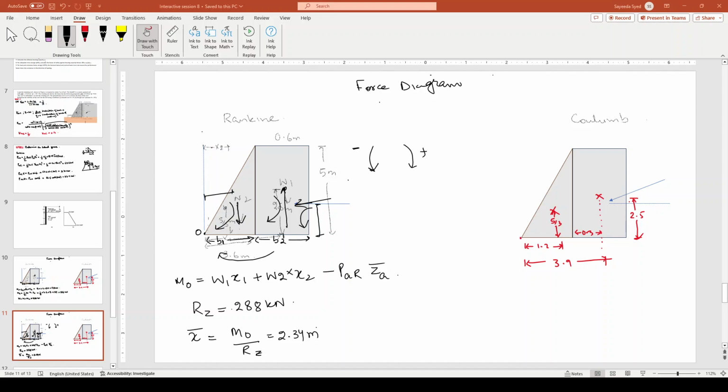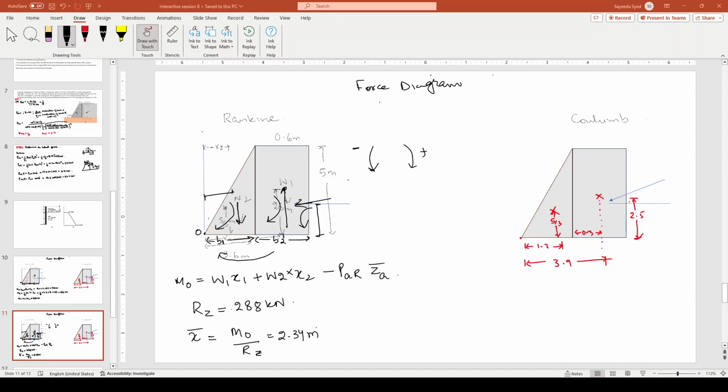And for Coulomb, we will have M naught equivalent to W1 X1 plus W2 X2 plus PAC into the whole base, because as I said there will be a horizontal component and a vertical component.